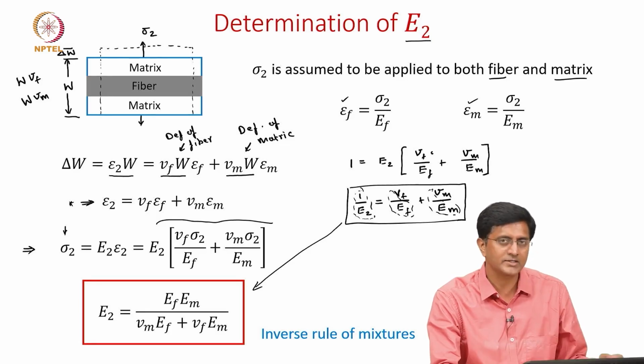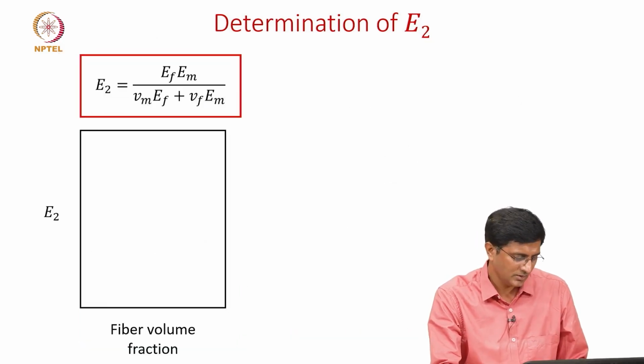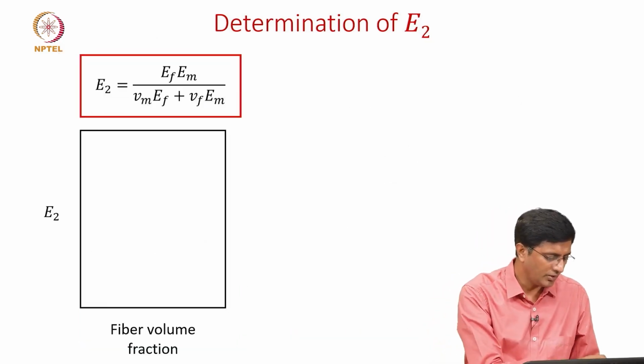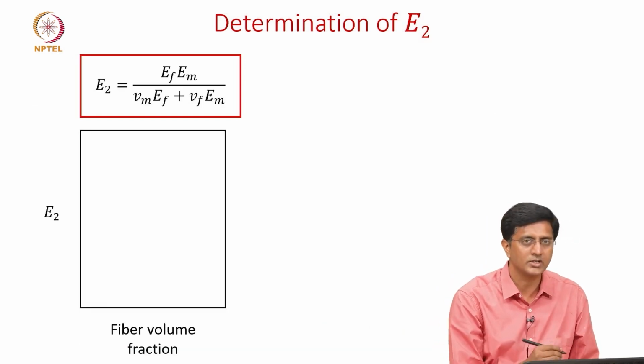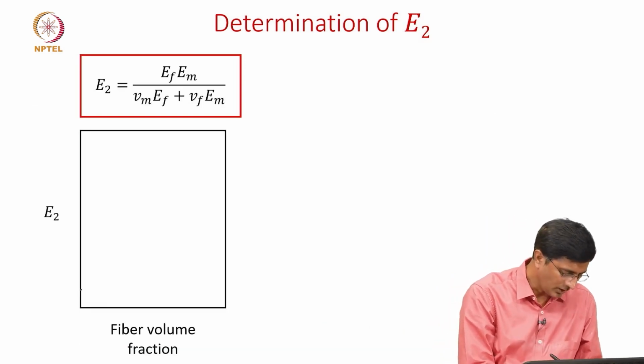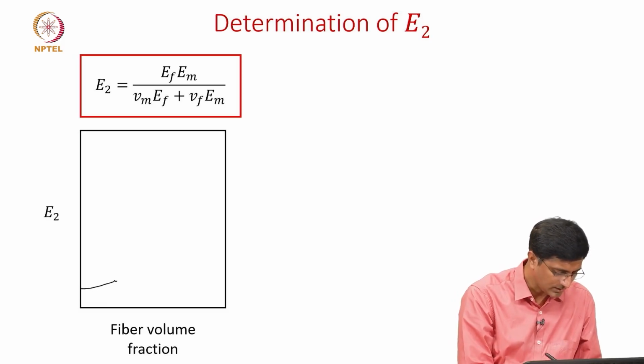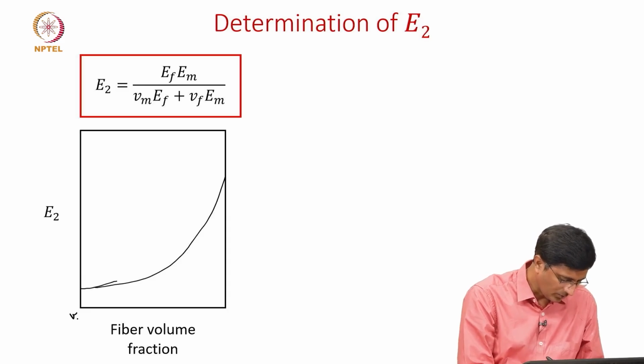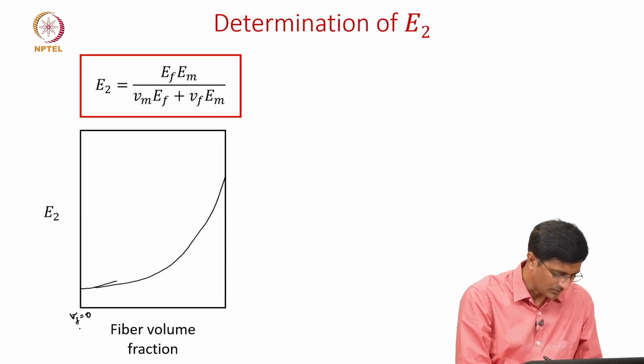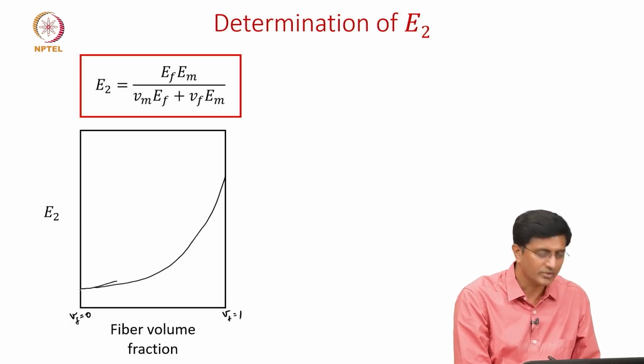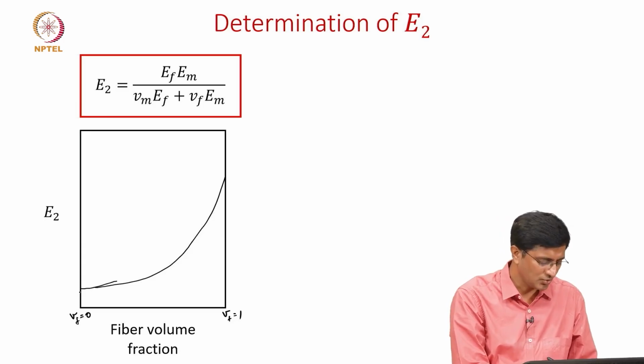To explain that, let's look at the plot first. So again here we reproduce this expression for E2, which we now said is the inverse rule of mixtures, and usually the plot is somewhat like this, meaning that again we are talking of volume fraction of fibers from 0 to 1. So to the left is the matrix material properties, which are usually small.